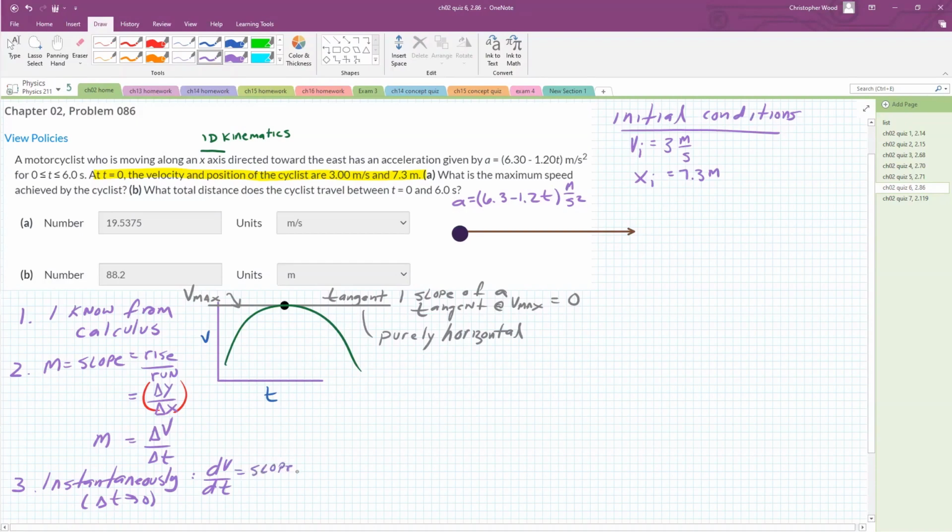And for that horizontal line, this slope must be equal to 0. And if that's not incredible enough, dv/dt equals acceleration. Acceleration is defined as dv/dt. So all I need to do is find out when acceleration is equal to 0. So that's my big breakthrough.